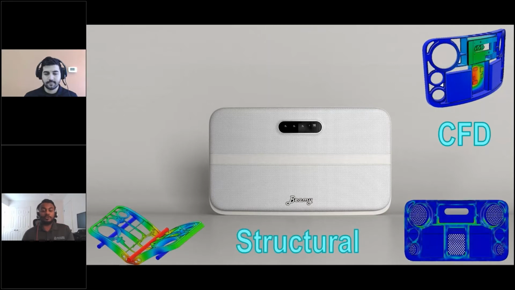Of course, we need to make sure that structural analysis is done on this product as well, because it's a handheld product, and whenever we have a handheld product, it's not a question of if it's going to drop, it's a question of when it's going to drop, right? Personally, I drop everything, my cell phone, my mouse, anything wireless that I can hold in my hand.